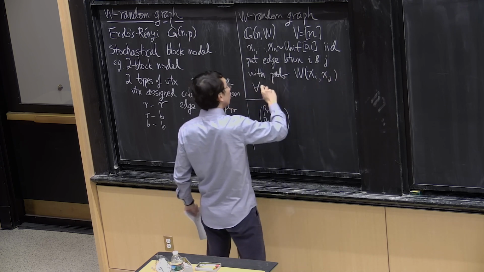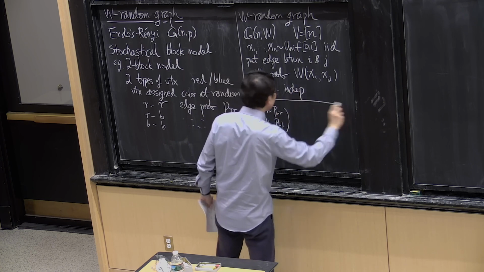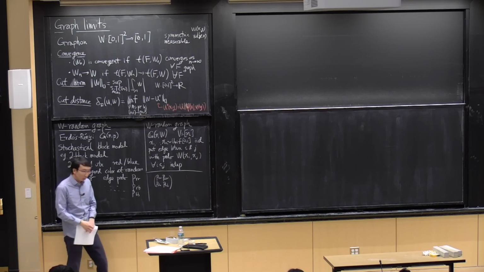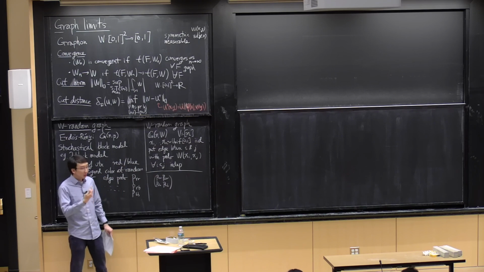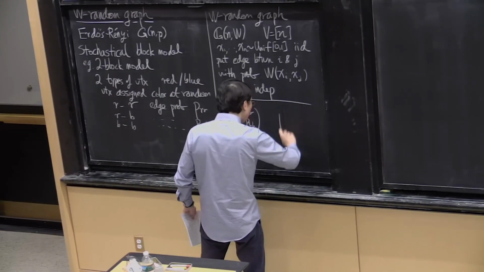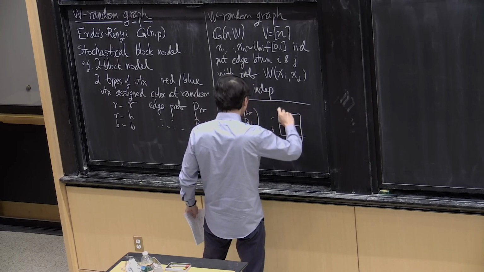So for all i less than j independently. That's the definition of a W-random graph. And the two-block stochastic model is a special case of this W-random graph for the graphon, which corresponds to this red-blue picture here.